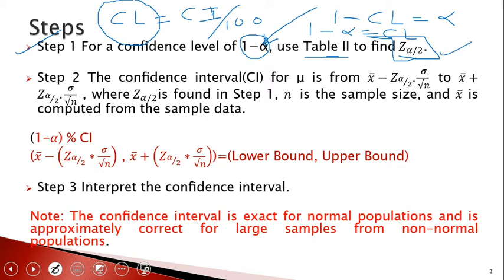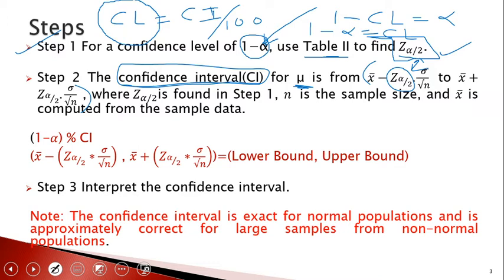Next step, you need to calculate your goal, which is the confidence interval, CI, for mu. This is the form you need to use: x bar, which is your mean, plus or minus Z alpha over 2, the value you calculated from the first step, times sigma over square root of n.